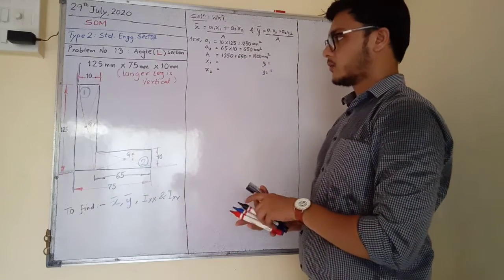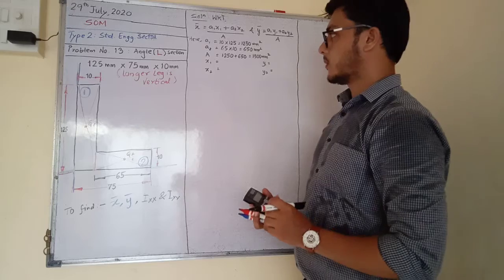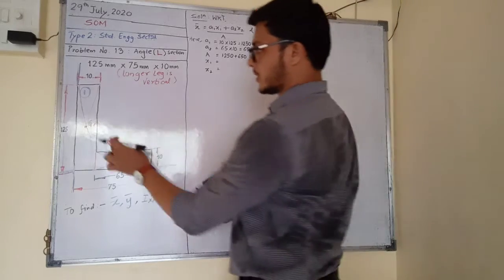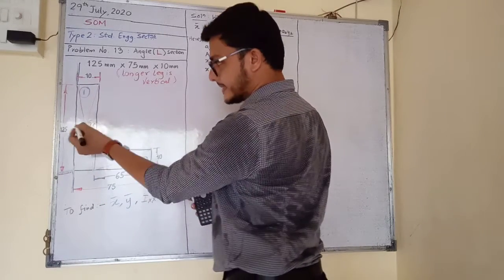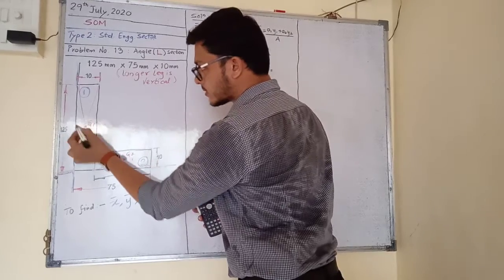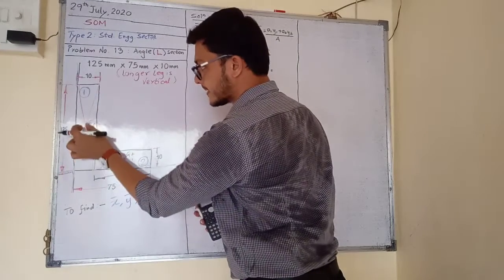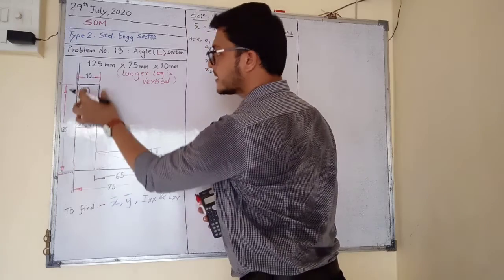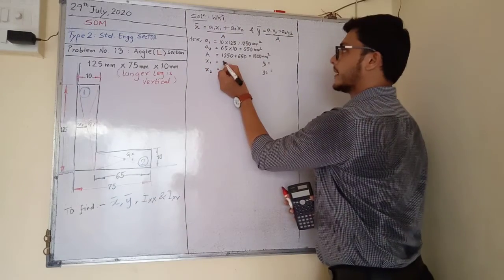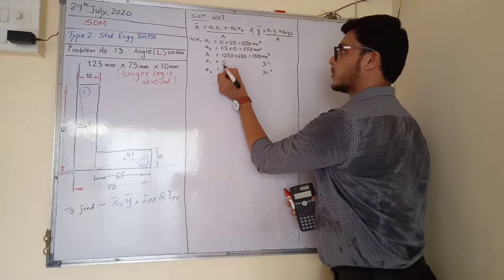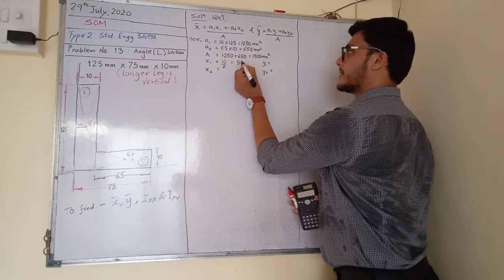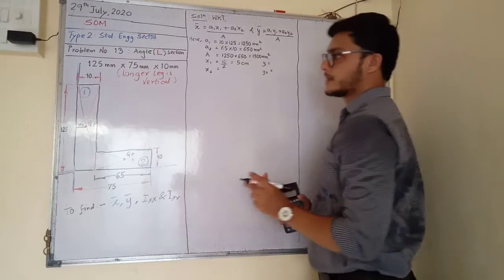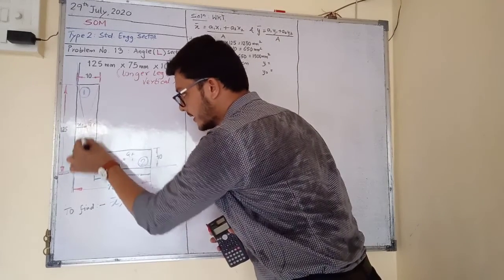Now how to find x1, y1, x2, y2. This is rectangle number 1. X is always horizontal distance. So from this reference axis to G1, this distance is x1. So this will be how much? Half of 10, that is 10 by 2, which is 5 mm. Similarly, y will be the distance from G to the bottom.